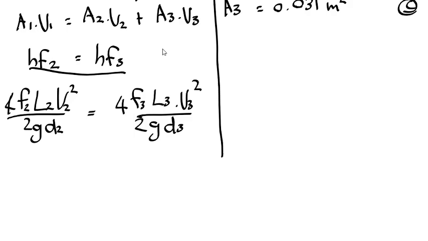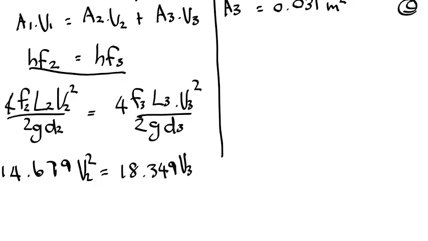So what you'll do is you'll input all the values that you have, that you've calculated, and all the knowns and unknowns, and you will sit with your first answer here being 14.679 V2 squared is equal to 18.349 V3 squared. Okay, so how do you get to that?